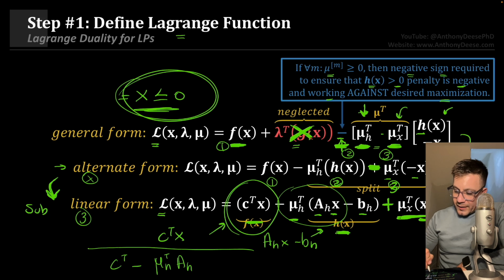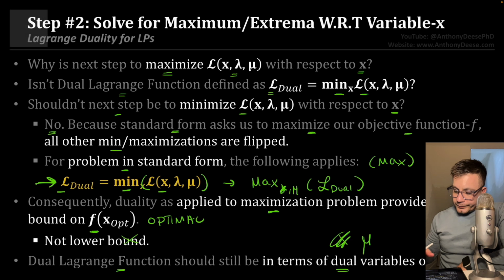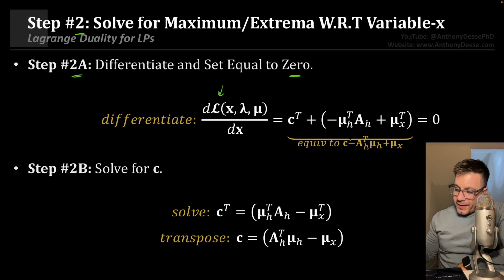And then we're also left with plus mu sub x, and the b sub h no longer carries over. So we have c transpose minus mu sub h a sub h plus mu sub x, and that's equal to 0.